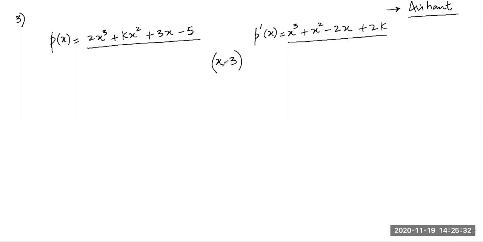Let's do it ourselves. First, students, anyone can tell me how we will do? First, divide the first polynomial by x minus 3. Then divide the second polynomial by x minus 3. Those remainders are same, so we will equate those remainders. From that, we will find the value of k.